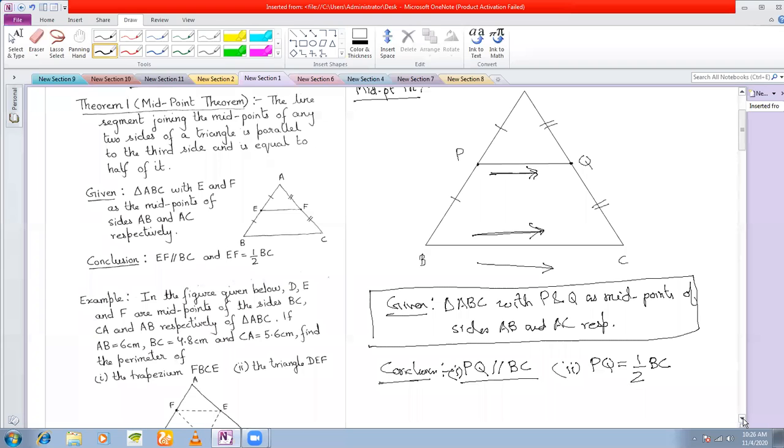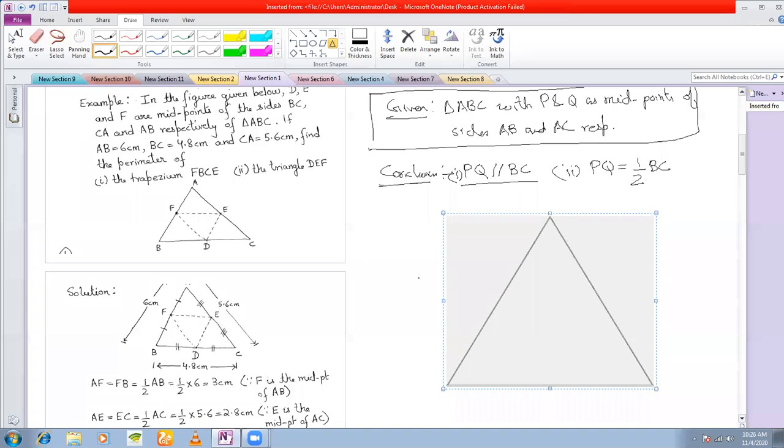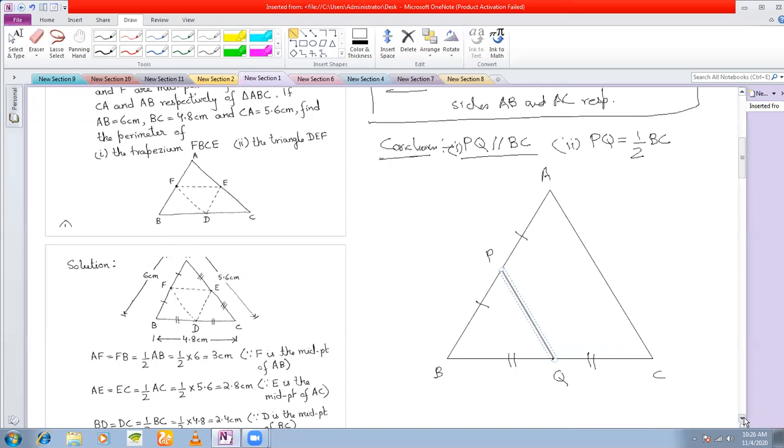Suppose I give you this kind of a triangle, which I call triangle ABC, and I say P is the midpoint of AB, and I give you a midpoint here, Q, and I join these two also. Then what can you conclude?